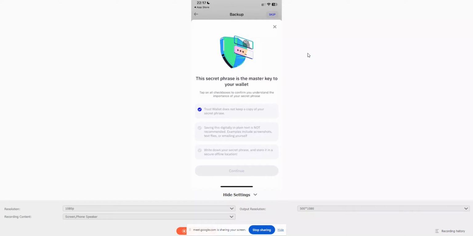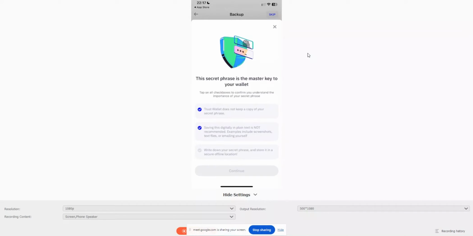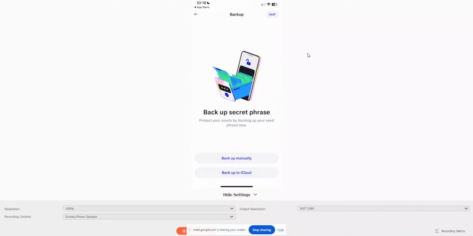You need to have a piece of paper and a pen or a pencil. Examples include screenshots, text files, or emailing yourself. You should not do that, because if anyone gets access to that, then you are doomed. So we tick that. Then the third one is write down your secret phrase and store it in a secure offline location. So I tick that. Then the other one is just continue.